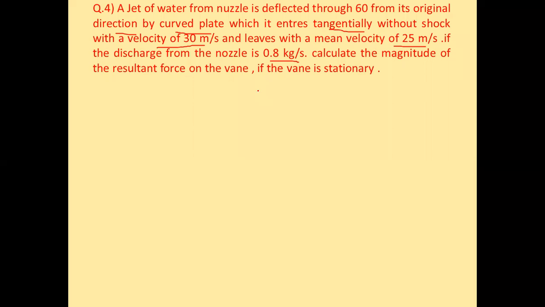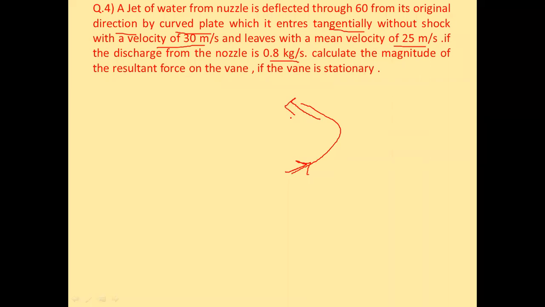Now here, one thing that we have to recognize: the jet of water from the nozzle is deflected through 60° from its original direction. Okay, which it enters tangentially without shock. So we have to find out the difference between the angle at which the jet is entering and the angle at which the jet is leaving.